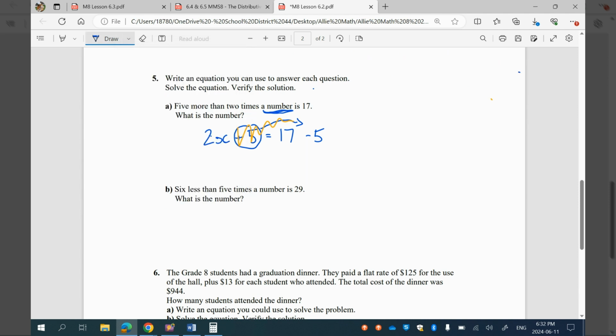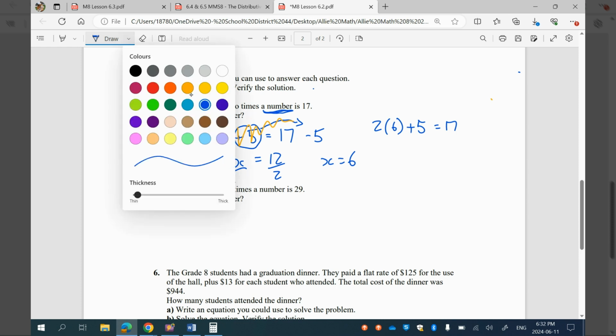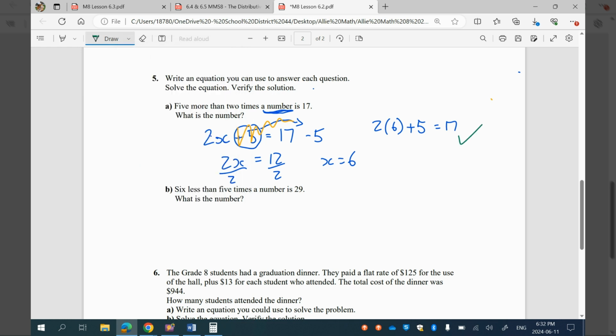So we got 2x equals 12. Then let's divide by 2, that x equals 6. Then we can confirm. Is it true that 2 times 6 plus 5 equals 17? So is it true that 12 plus 5 equals 17? Yeah, it is true. So we confirmed that to be correct.